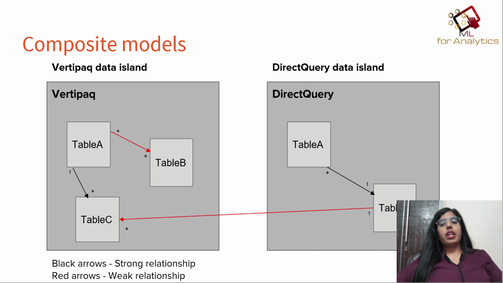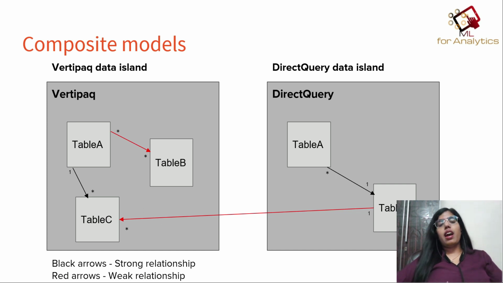In case of DirectQuery, I can see that table A and table B both lie in the same data island and they are related to each other by means of many-to-one, I'd say. And table A of the DirectQuery data island and table C of the VertiPaq data island are related in one-to-many cardinality.